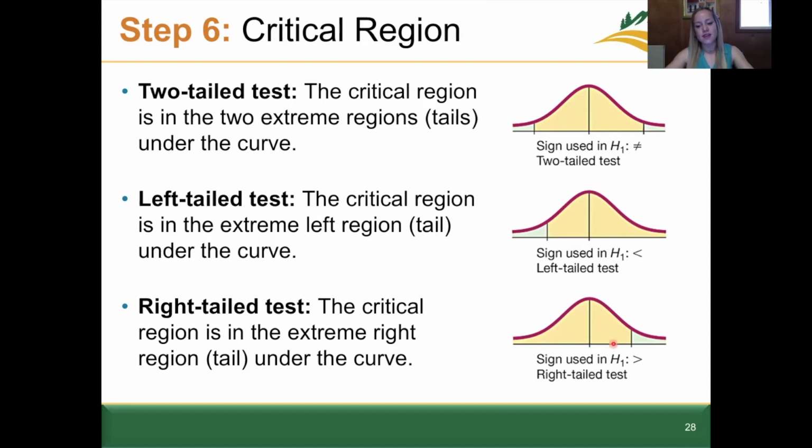Then conversely, if we have an alternative hypothesis with a greater than sign or a sign that points towards the right, then we have a right-tailed test. How does this also make sense as far as less than or greater than? Well, this is a greater than sign, and these values are increasing as we go towards the right on the z-axis or the x-axis.